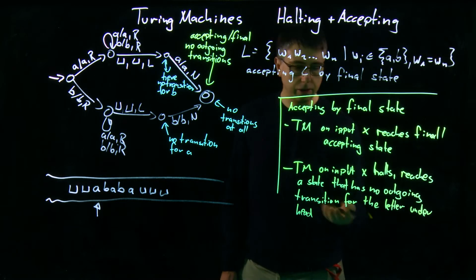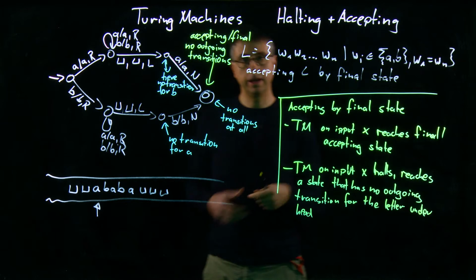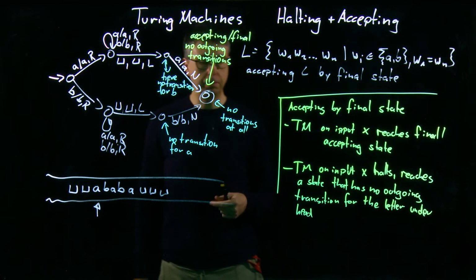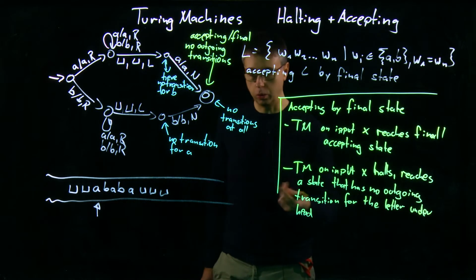And in this case, the Turing machine would halt, and if we consider accepting words by halting, then this would mean that our Turing machine accepts the word.